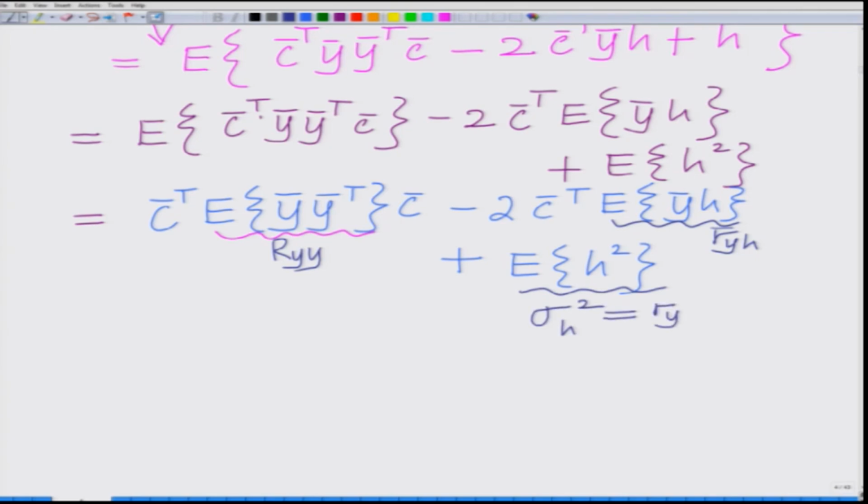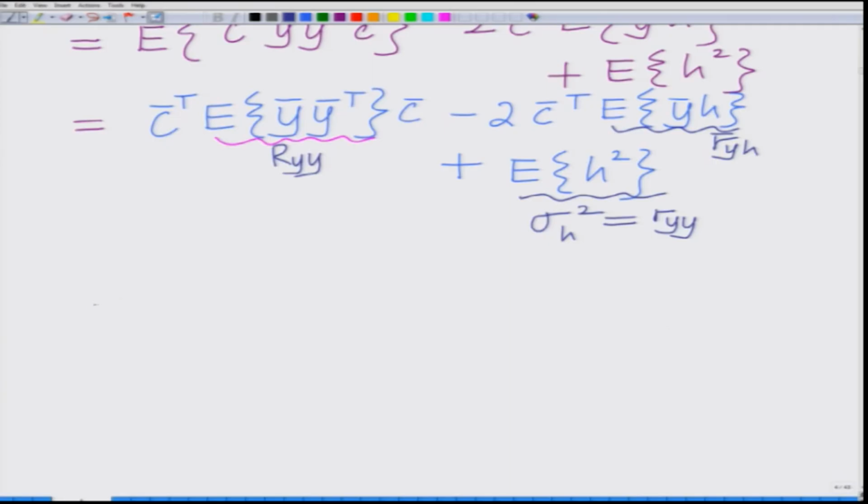Therefore, net you can simplify this quantity as C bar transpose R y C bar minus twice C bar transpose r y bar h plus sigma h square.